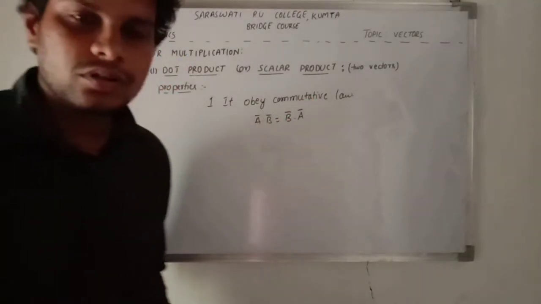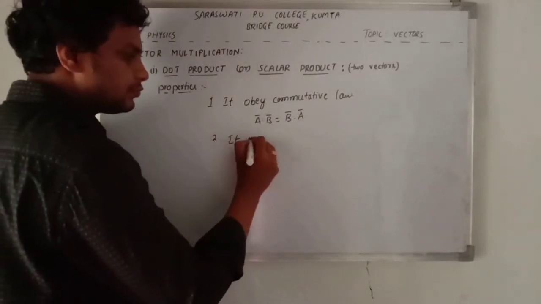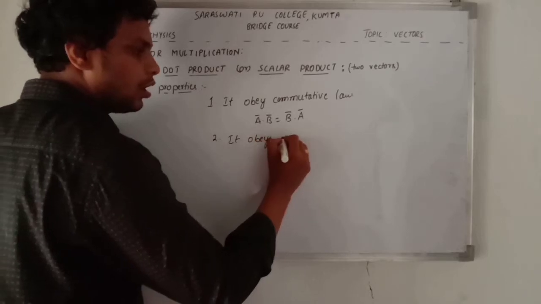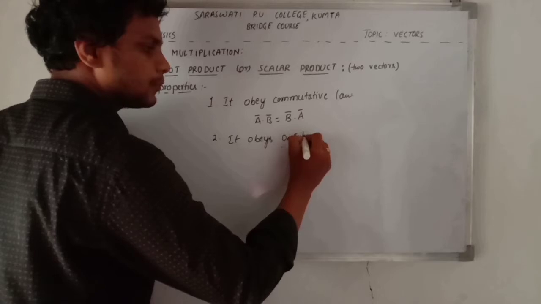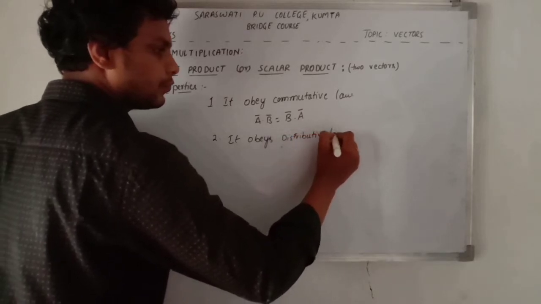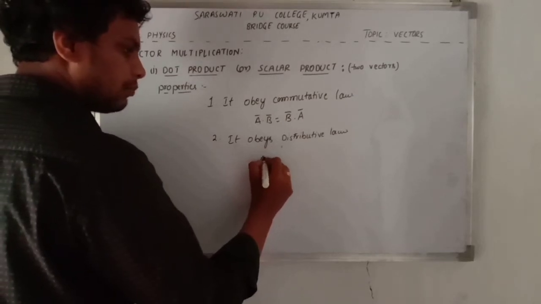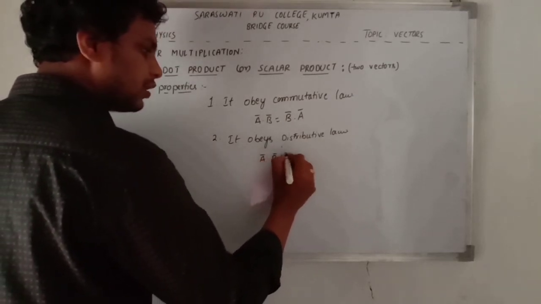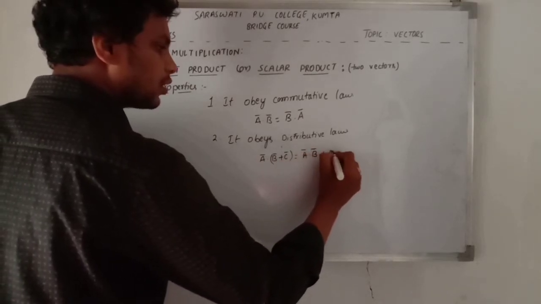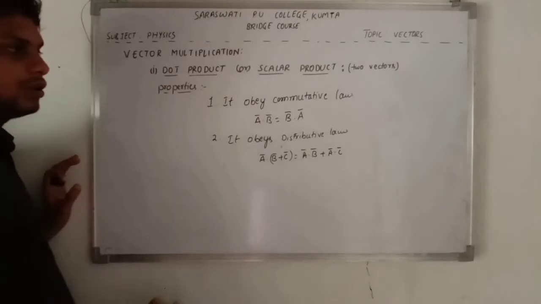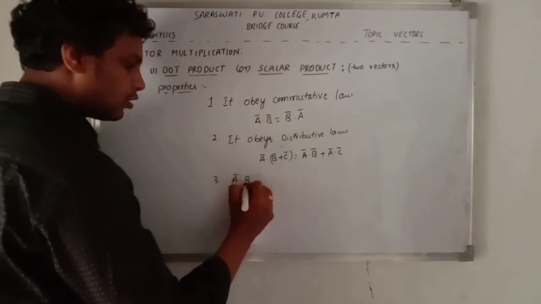And remember, it obeys the distributive law, that is, a bar dot (b bar plus c bar) is equal to a bar dot b bar plus a bar dot c bar.